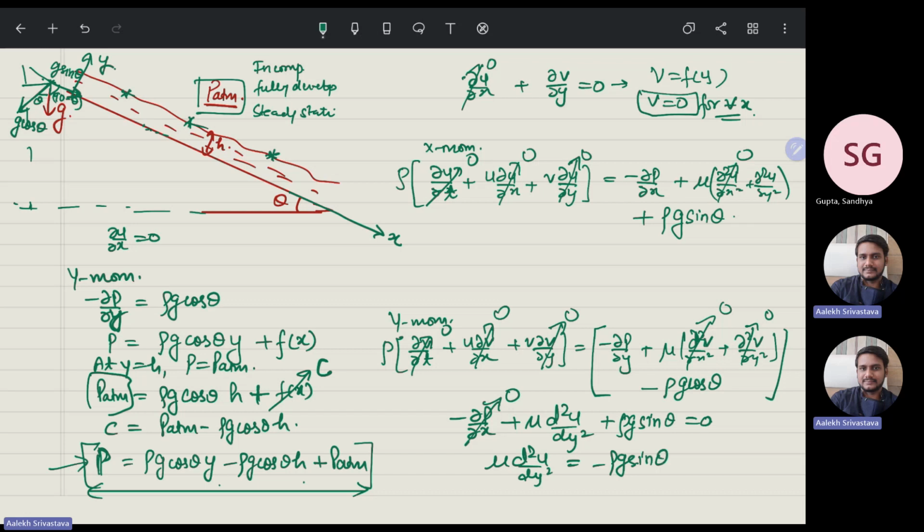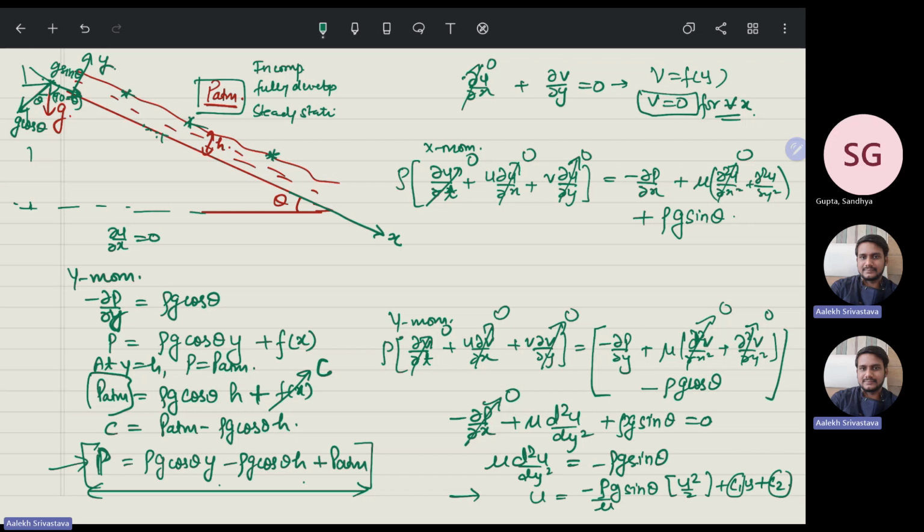Okay. And if you solve this, you will get u is equal to 1 by mu into g sine theta into y square by 2 plus c1 y plus c2. Now, you need two boundary conditions for velocity.